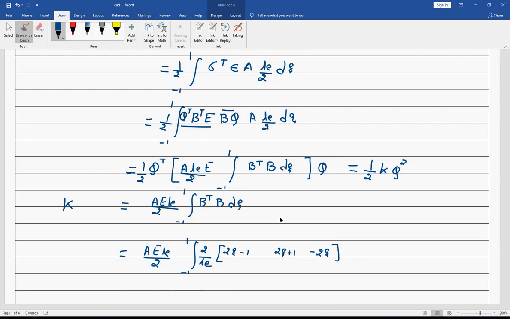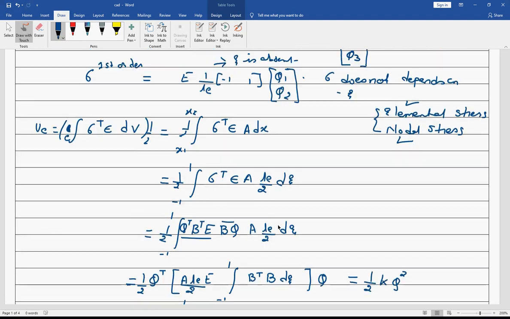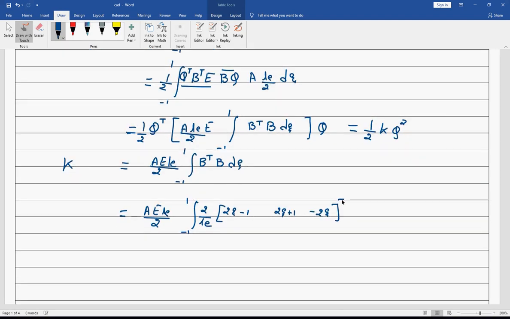And of course it is a transpose, so it is a transpose into the same thing: 2 by Le, 2 xi minus 1, 2 xi plus 1 minus 2 xi, and into d xi.